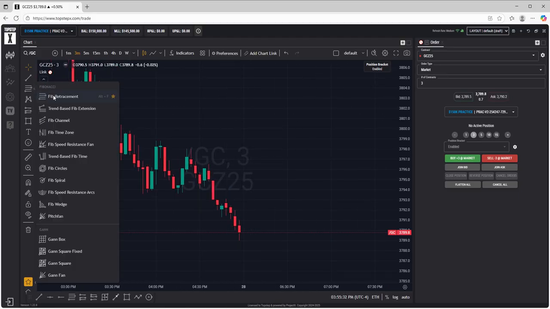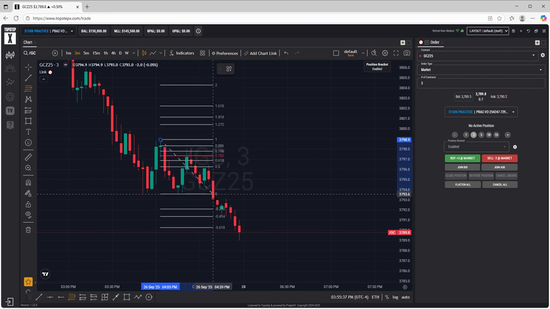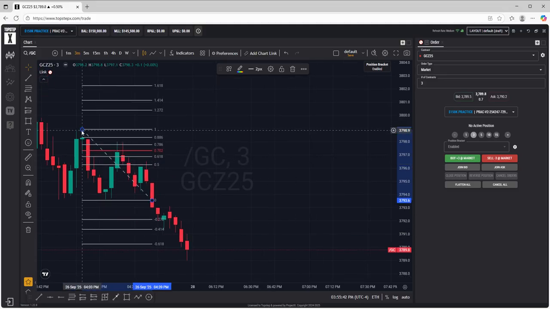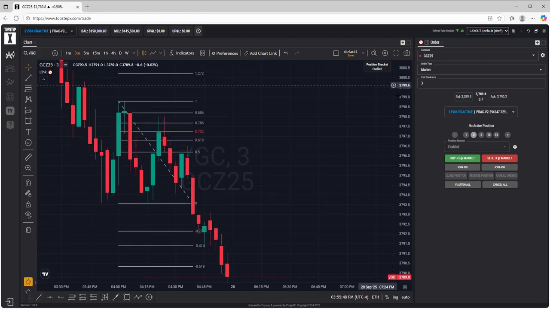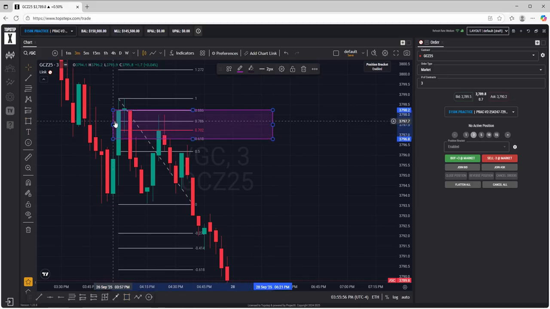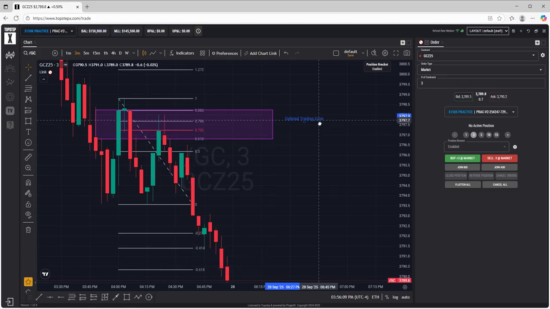So right here, take your fib from your previous high to your newest low. This zone right here is called the optimal trading zone.